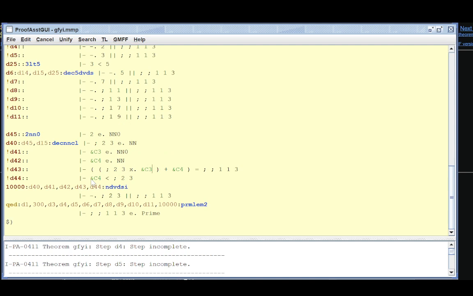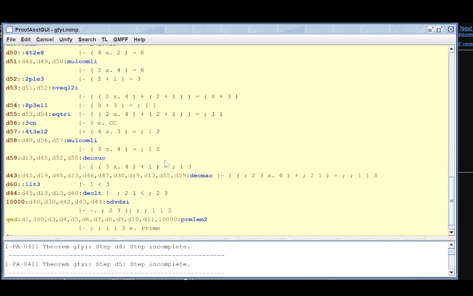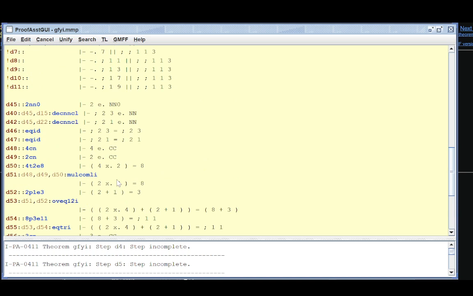So 23 times 5 is 115, so that's too much. So 23 times 4 is 92, and then I need another 21. Yeah, you like that? Nice. Okay, I think that's all worked out.